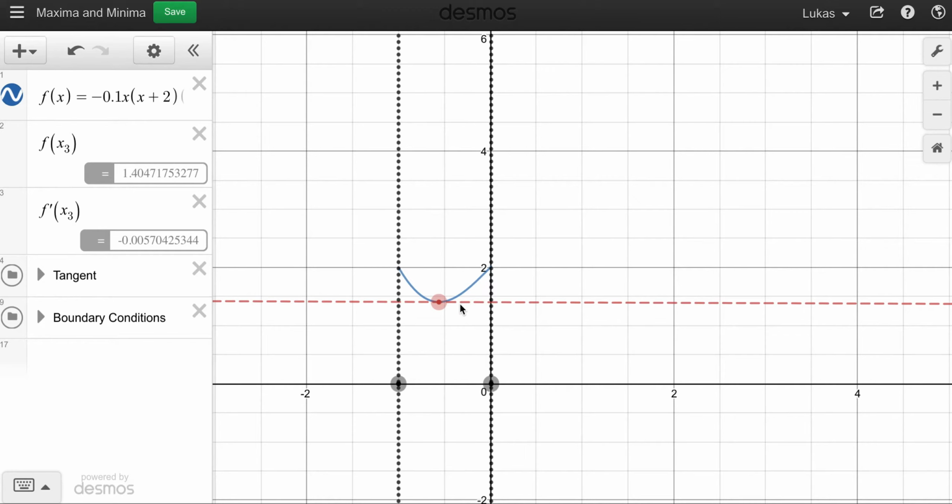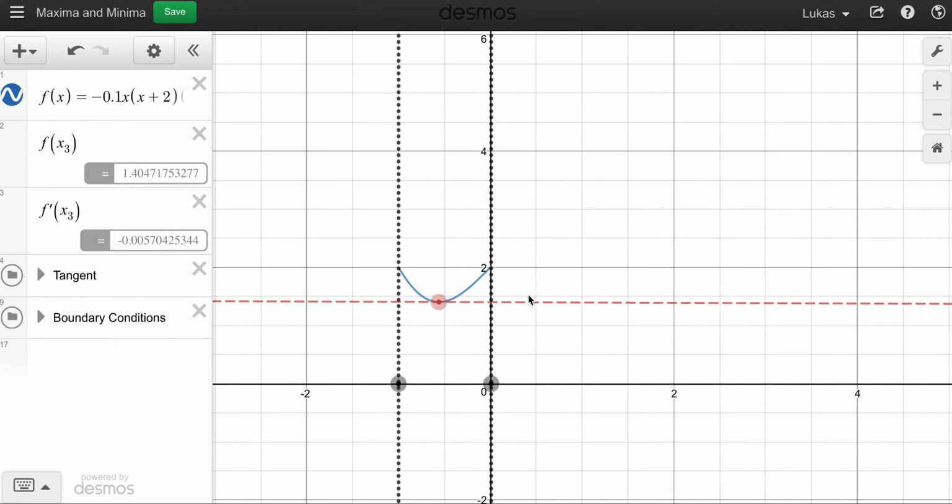But if we look at the maximum value, we can see that the maximum value between these 2 points is going to occur here, and it looks like it also occurs here, right? At -1 and at 0. And the value of that looks like it's going to be 2. So we would say the maximum over this interval is 2, and the minimum is whatever this value is. Actually, it tells us here that it's 1.4. Okay? So in order to check a maximum or minimum value on an interval, we need to check where the slope equals 0, but also we need to check the boundaries of our interval.